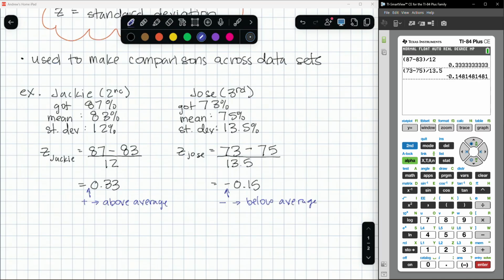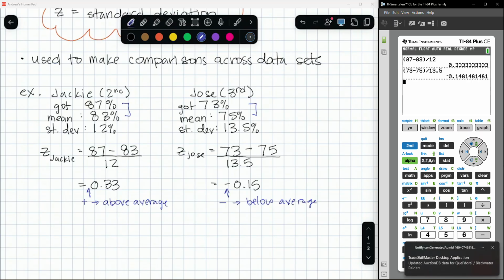And I can kind of see that looking at where they were relative to their class averages. Jackie was at an 87 with a mean of 83. Jose was at a 73 with a mean of 75. So Jackie was above the mean, Jose was below the mean. And I see that in the sign on the z-score. Positive z-scores are above the mean, negative z-scores are below.